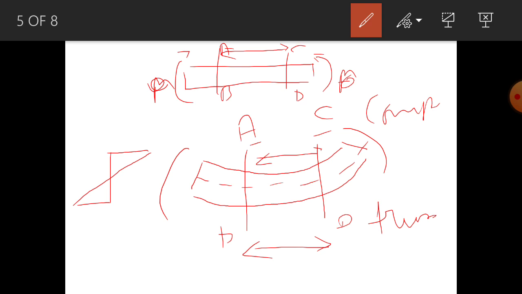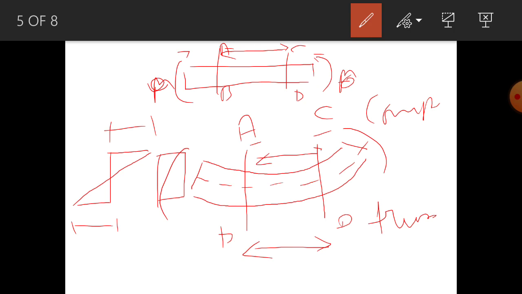This is how the stress distribution is along the cross section of the beam. Here will be the maximum compressive stresses, and at the bottom there will be maximum tensile stresses when you bend it into the curved shape.